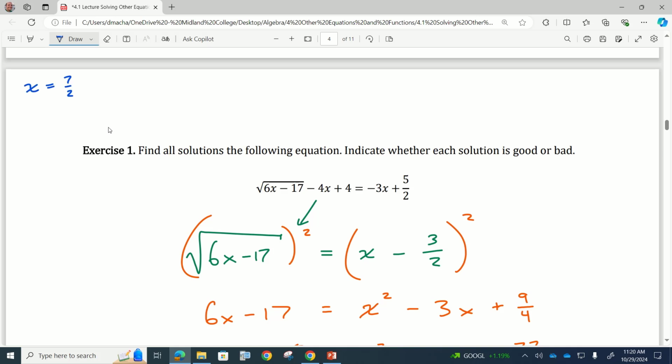And this may be something that you want to do in your calculator. If you bring a TI-30X2S and plug this in, 6 times 7 over 2 would be 21. So we're talking about the square root of 21 minus 17, which is the square root of 4, which is 2. 4 times 7 over 2 is 14.